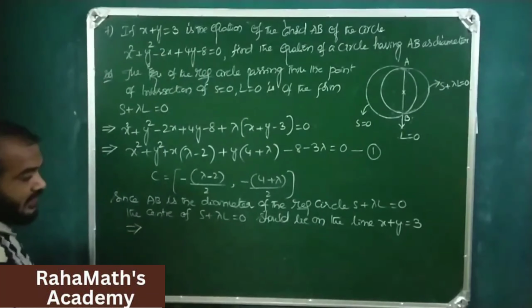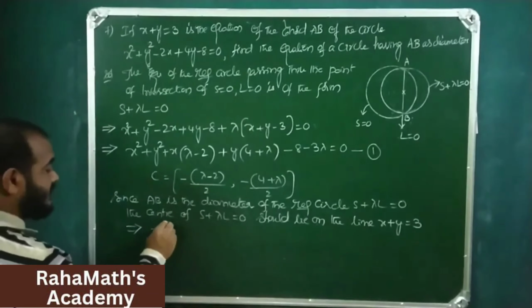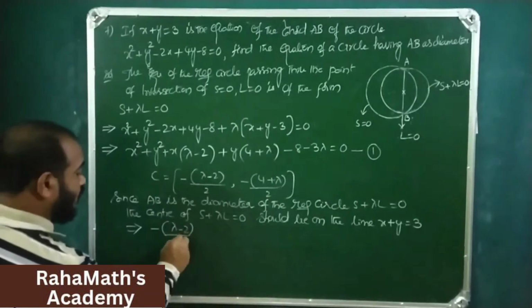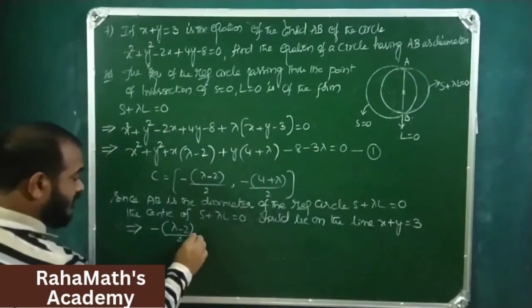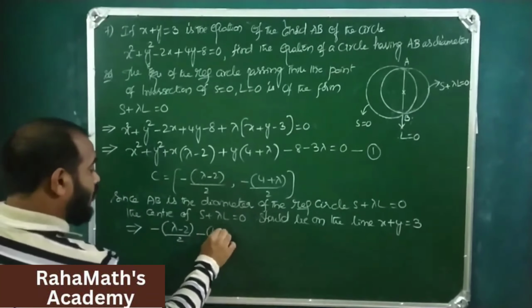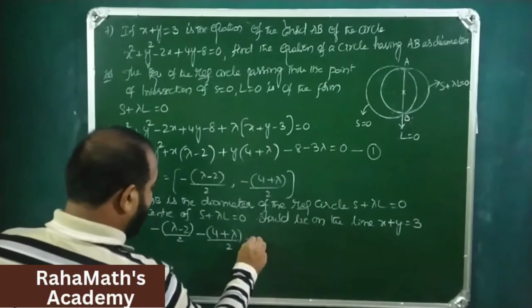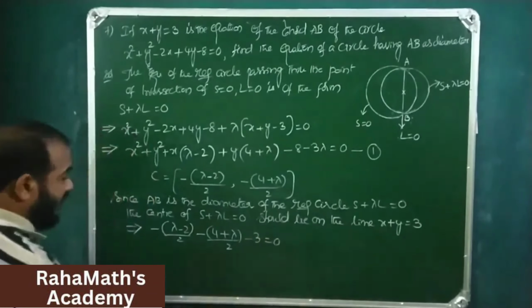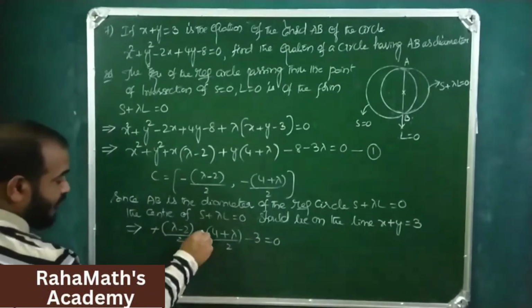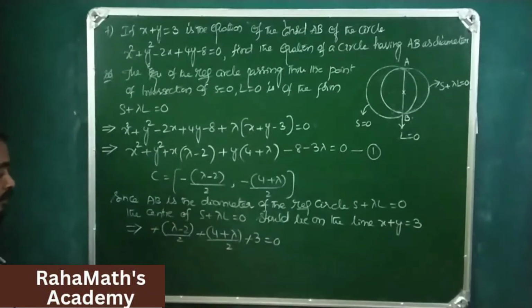So that implies x is equal to minus of lambda minus 2 by 2, plus y is minus of 4 plus lambda by 2, minus 3 equals to 0. If I take minus in common, everything is plus only.